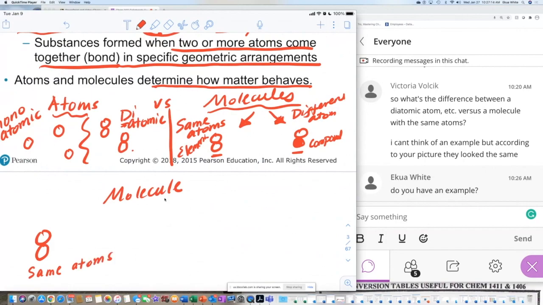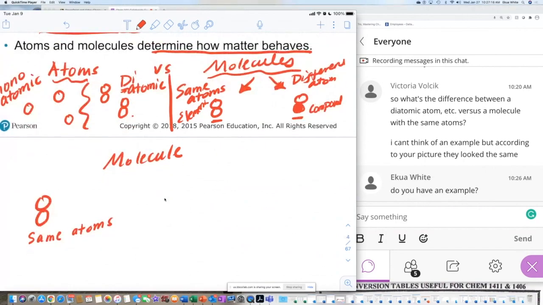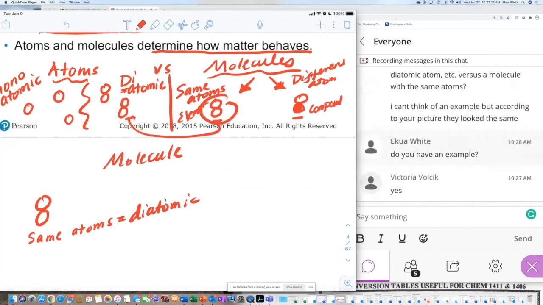Oh, I see what you're saying. The molecule with the same atom is actually diatomic. Is that what you were asking? You're comparing this to this? Okay, yes. Same atoms is a diatomic element, and the one on the right with different atoms is a compound.